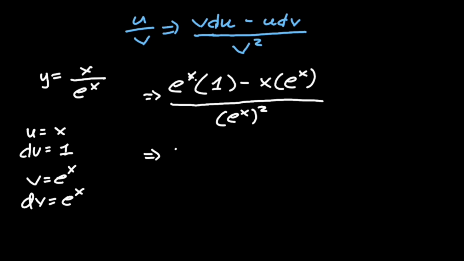Simplify this, you will get e raised to the power of x minus x multiplied by e raised to the power of x, over e raised to the power of x, raised to the power of 2.